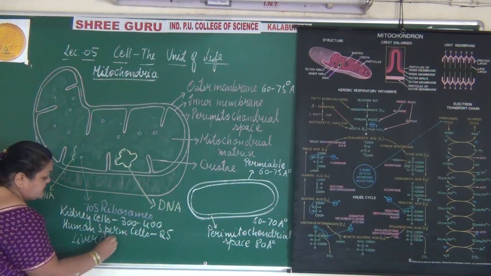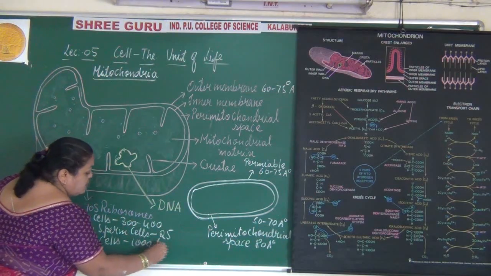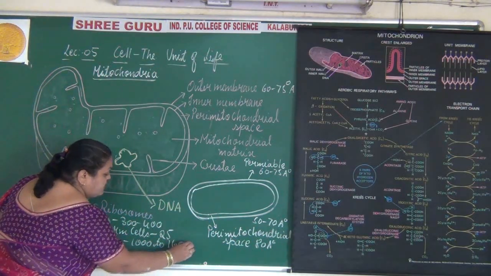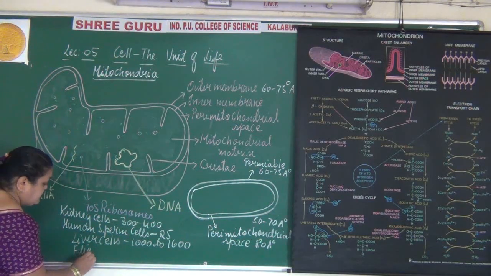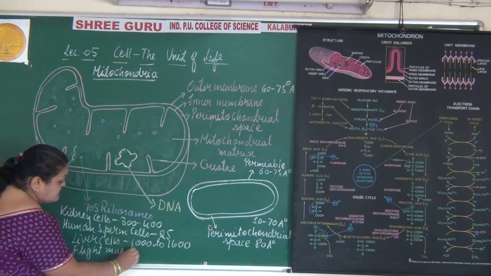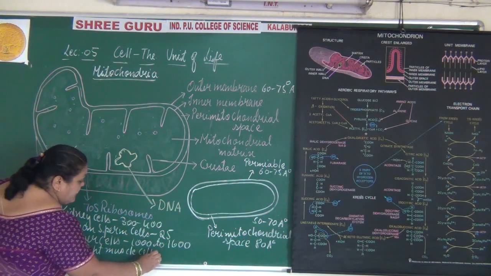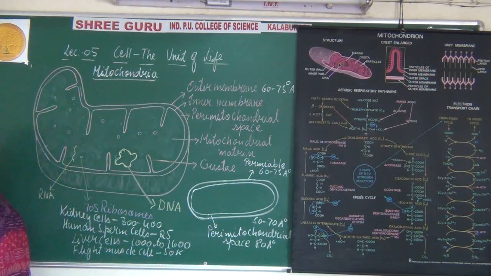The liver cells have 1000 to 1600 mitochondria, while the flight muscle cell has around 50,000 mitochondria.